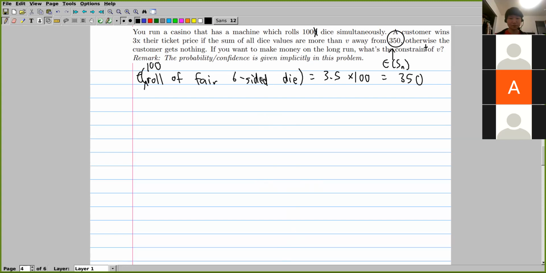All right. So just by looking at the trade-off, either you win 3 times the ticket price or you lose the ticket price. Does anyone have any ideas on what we should pick our confidence or delta to be? Our confidence is 1 minus delta, but what kind of confidence level should we pick? As a hint, how often do you need to win to make money in the long run?